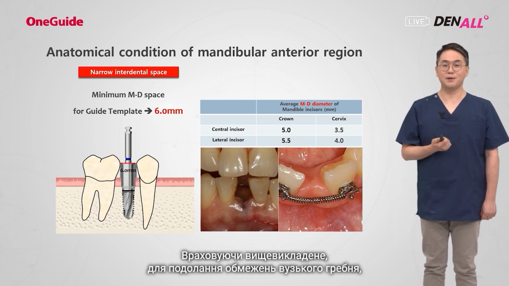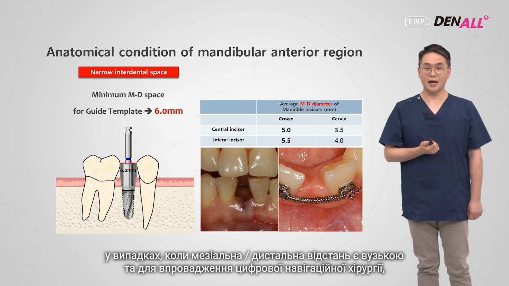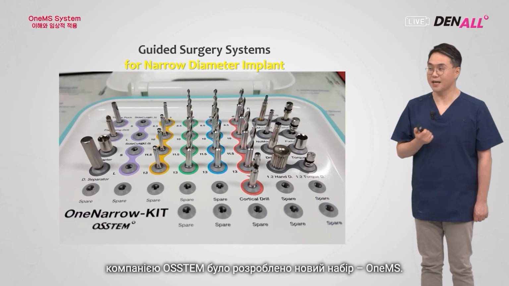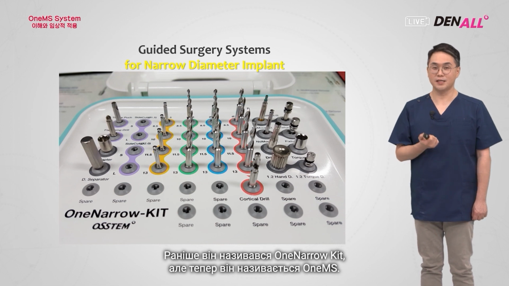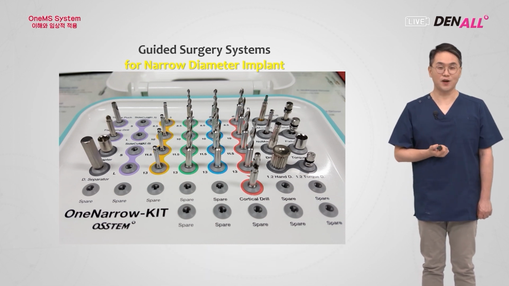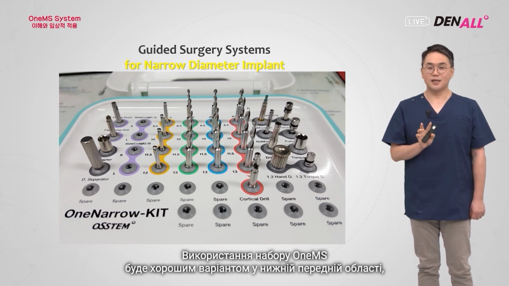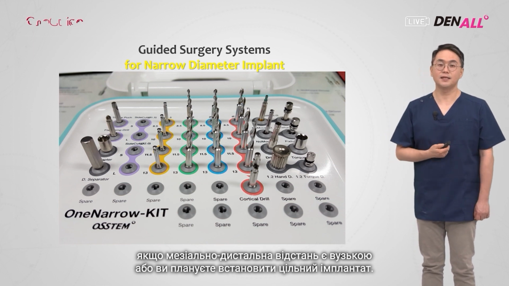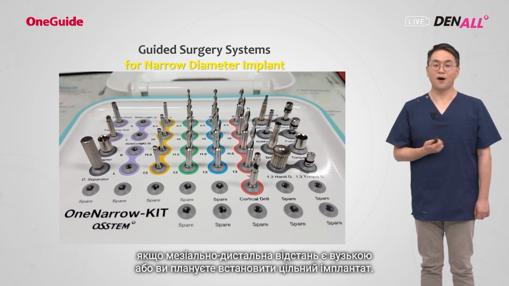Osstem created a kit to overcome this narrow ridge. In case the mesial-distal distance is narrow, to enable guided surgery, we developed a new kit. It's the 1MS kit. It was named the 1 narrow kit, but now it's called the 1MS kit. So on the lower anterior side, if the mesiodistal distance is narrow, or if you want to place a one body implant, then using this 1MS system would be a good option.